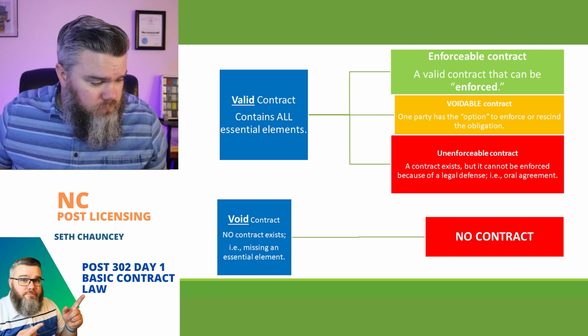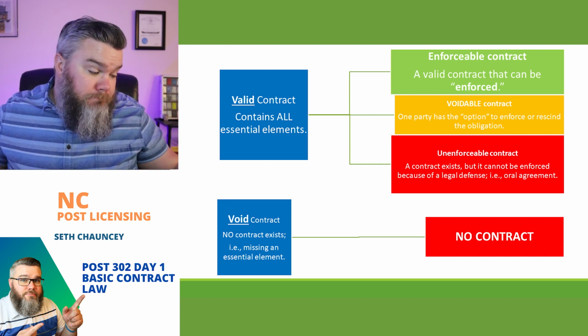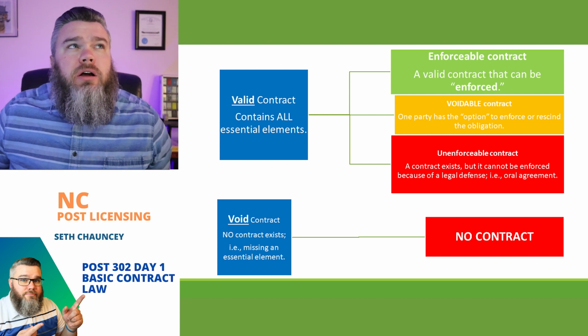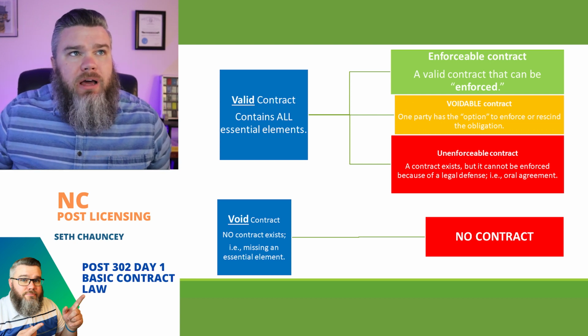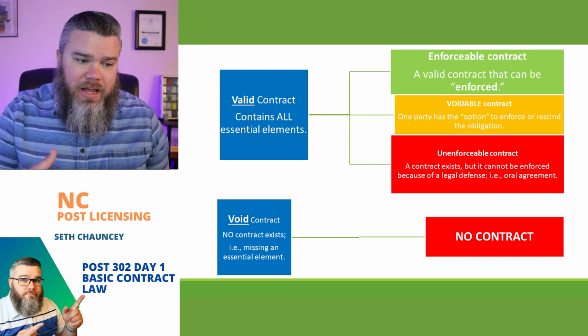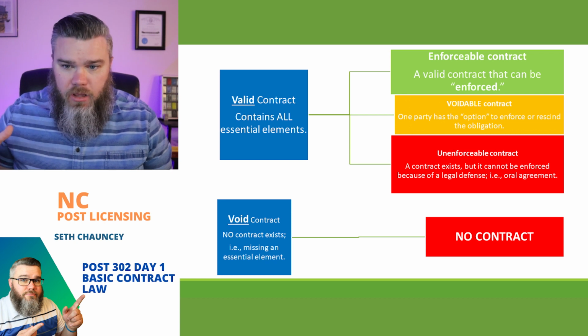This goes back to, in North Carolina, we cannot have implied contracts. That's the point you're driving home. Well, in North Carolina, let me expand on that for a second. The agency contracts, the agency agreements, they don't actually fall under the North Carolina statute of frauds.